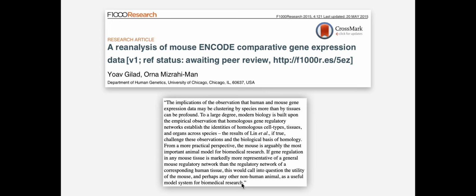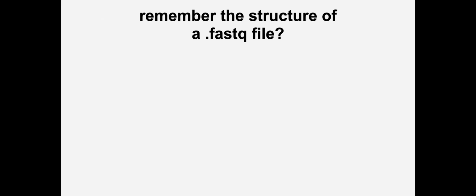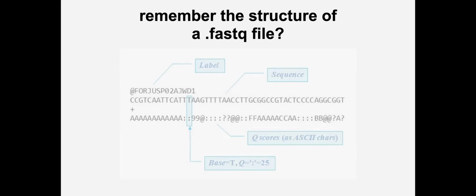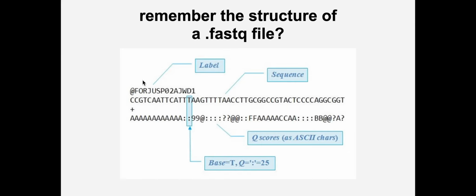And so, to really start to understand the results from that PNAS paper, Gilad's group really started to dig into the data that was analyzed in the paper from the Snyder lab. And I'll just remind you that FASTQ files have a lot of information preserved in the header.